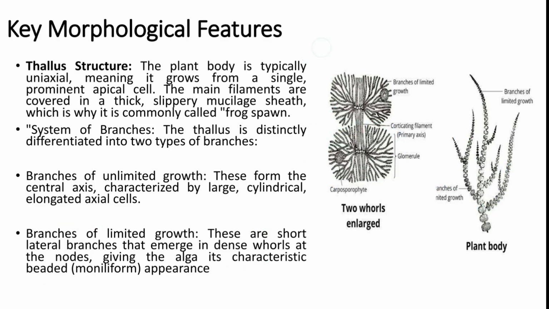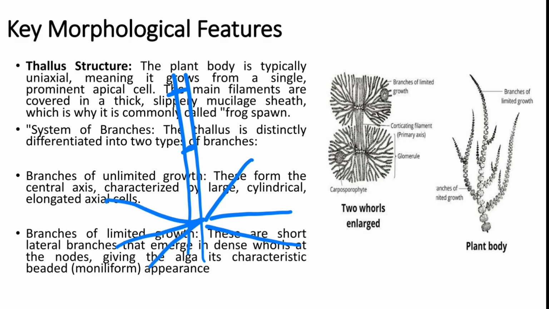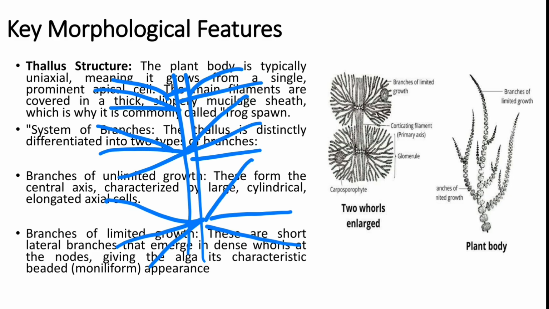So the main plant body consists of one axis which shows unlimited growth and has distinct nodes. From the nodes, branches of limited growth arise, and this whole set is called a glomerule.